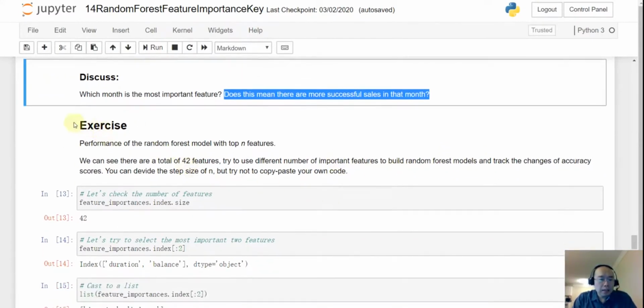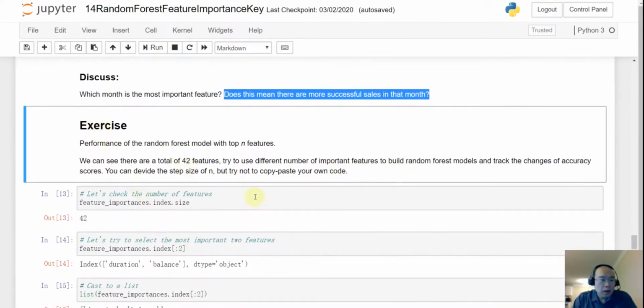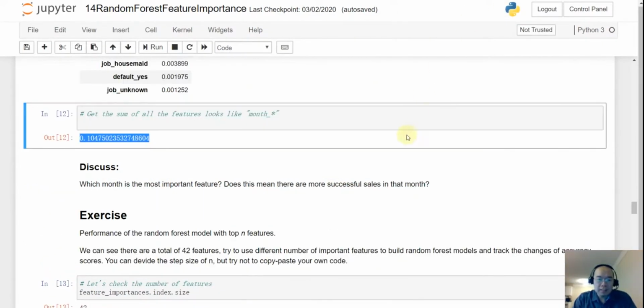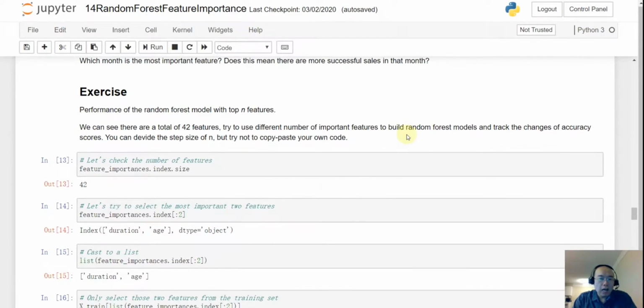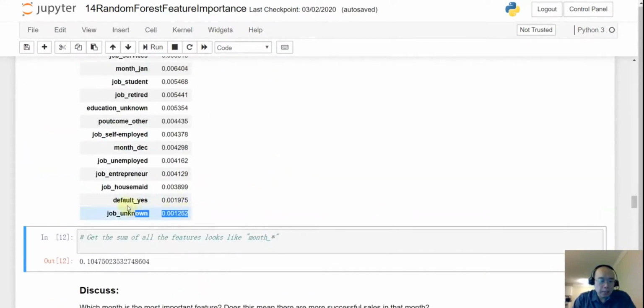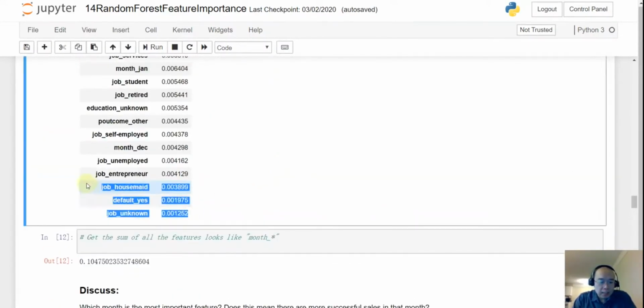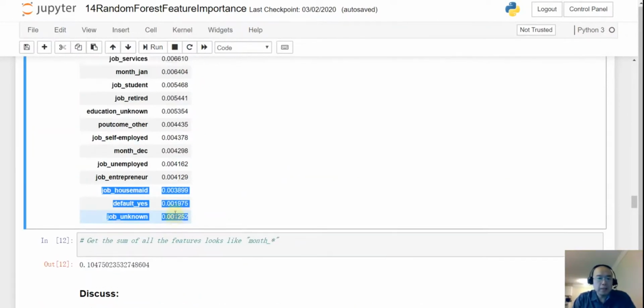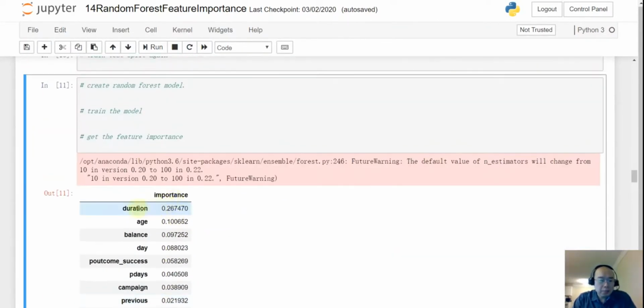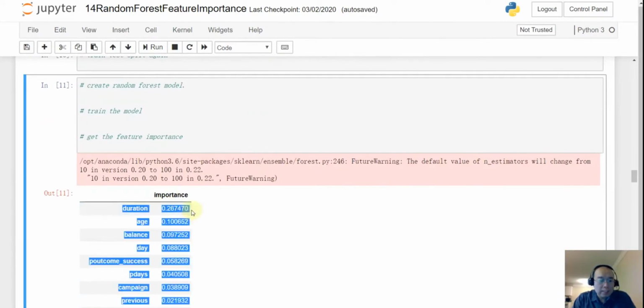The next thing: after we have done the one hot encoder, we will find that there are a lot of features, really a lot. This is kind of annoying, because if you check the least important features, they are less than 0.1%, and if you check the most important feature, that is 27%.